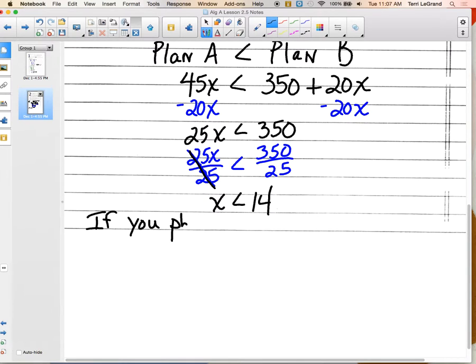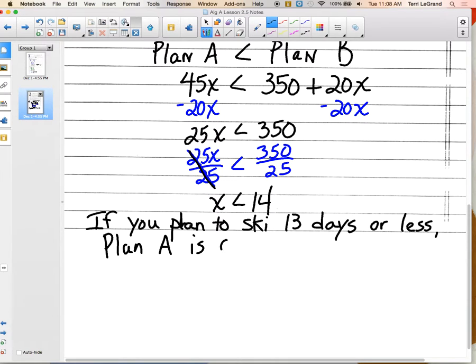If you plan to ski, you can say it one of two ways: less than 14 days, or you can be more specific and we'll do it like Cody did. He says if you plan to ski 13 days or less, comma, Plan A is cheaper.